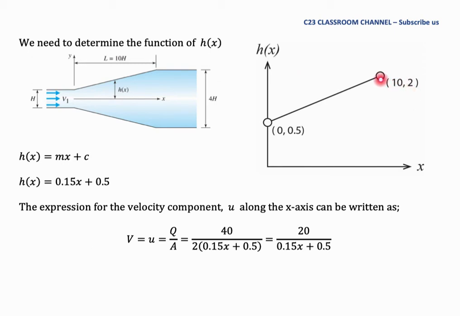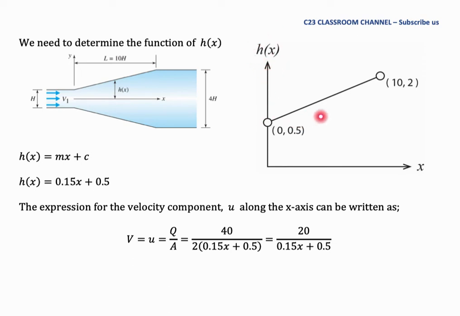So we could represent this line as the inclination of this diverging section. We could have the equation for this straight line by the general equation h(x) equal to mx plus c, where m here is the gradient of this line, and c here is the intercept at the y-axis, in this case the h(x) axis.